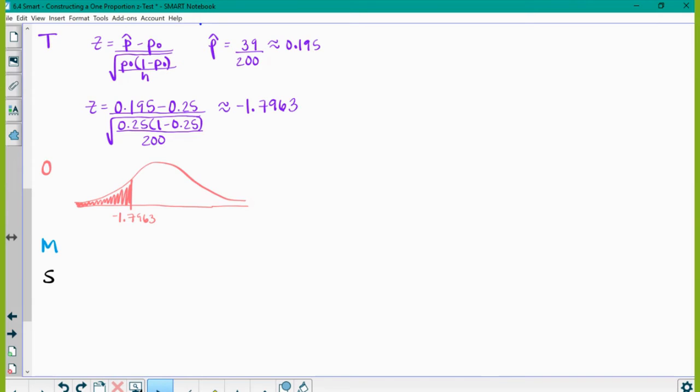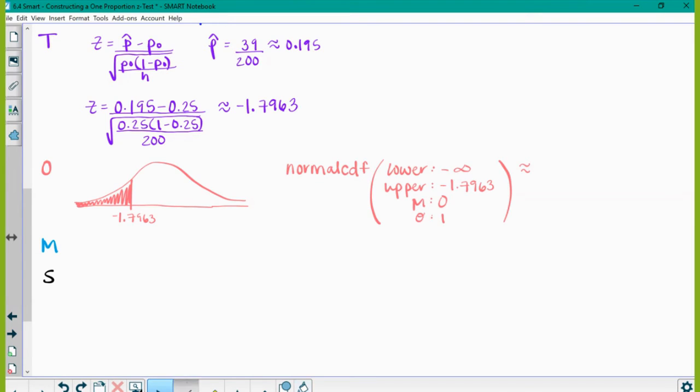And from here, it's just normal CDF. Remember, if you are doing things by hand, you do have to write down and report your normal CDF inputs. My lower bound will be negative infinity. My upper bound will be negative 1.7963. Mean of 0, standard deviation of 1, because we are working with z-scores.